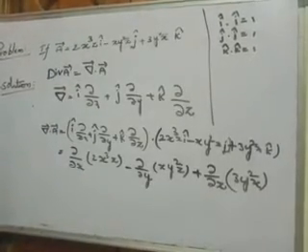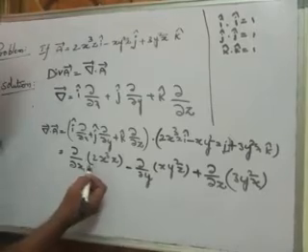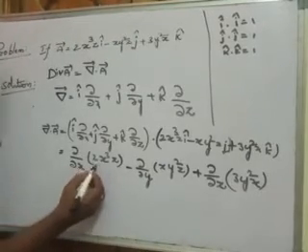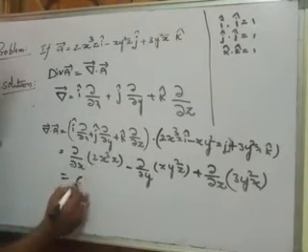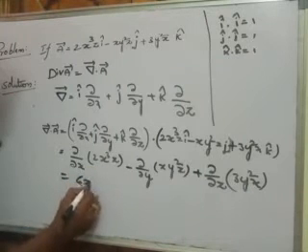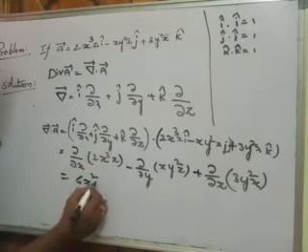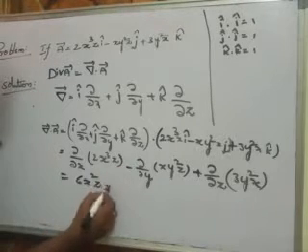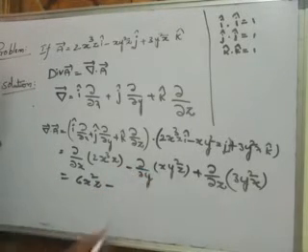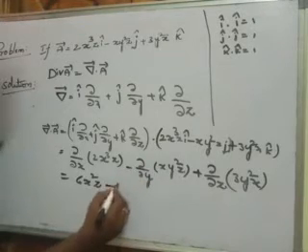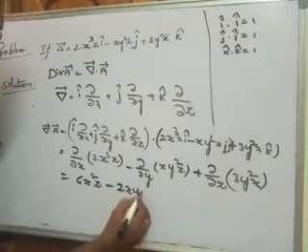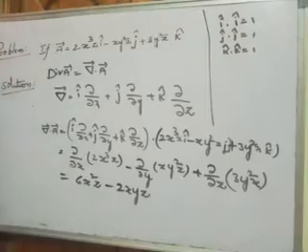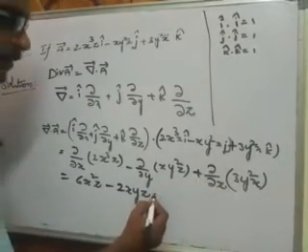Then if we do partial differentiation in this equation, we get 6x square z, and here we get the differentiation of y square, so we get 2xyz, and the third term will become 0.